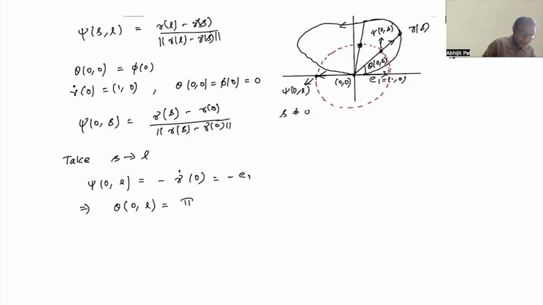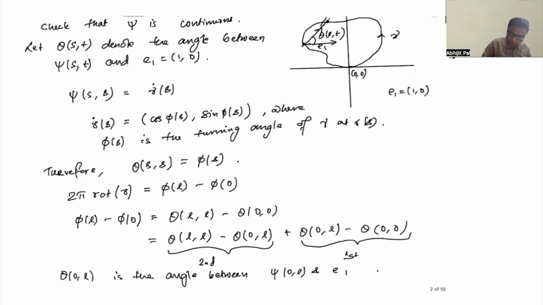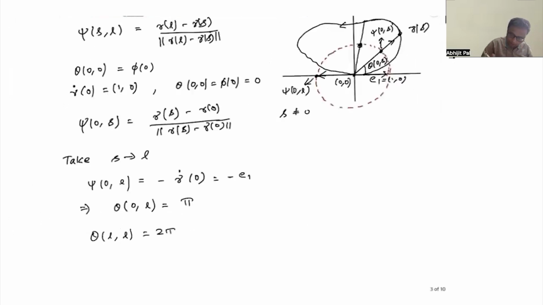Now similarly, what you can show is that theta L comma L will be equal to 2 pi. How do you show this? You pass on to the second bracket.